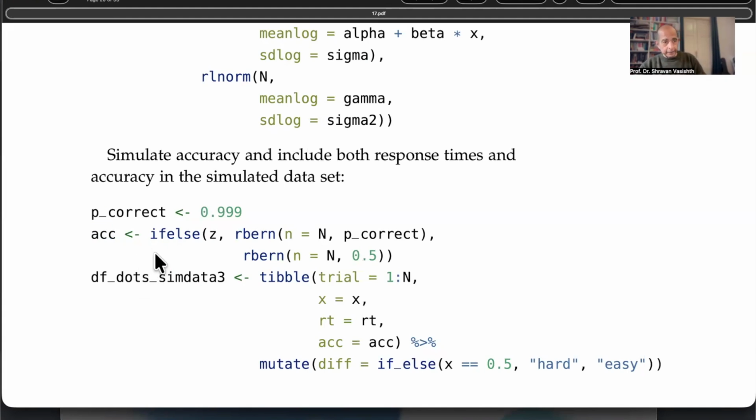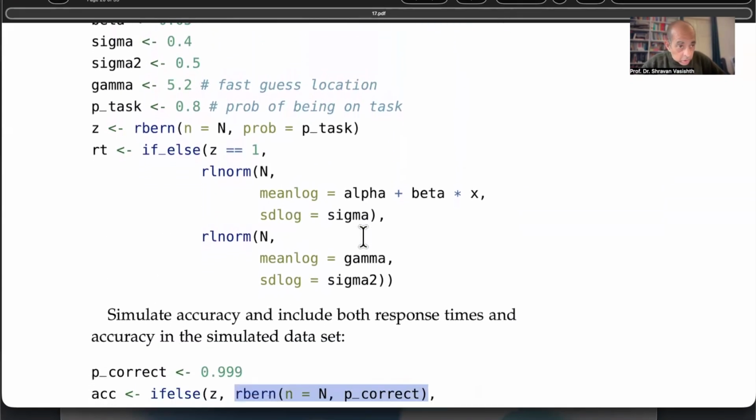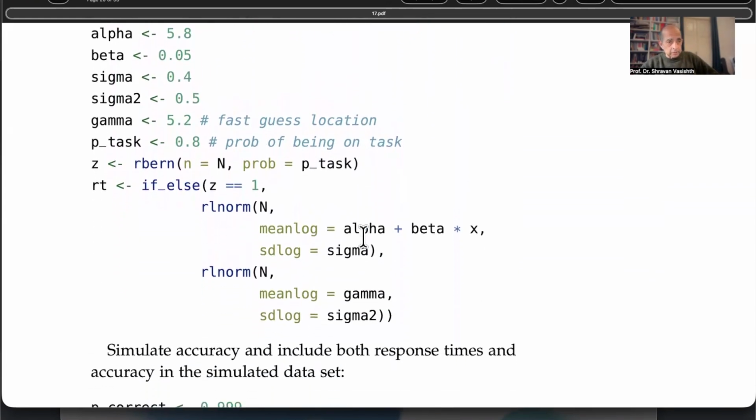And here also what we are doing is this time we are using the R function ifelse. I don't know why there's an inconsistency in the code that sometimes we say if underscore else and sometimes ifelse. So that could be an oversight, but doesn't matter. What we are doing is if z is equal to 1, that's what this function is doing, then we are sampling from this distribution with p correct set to, where is p correct?